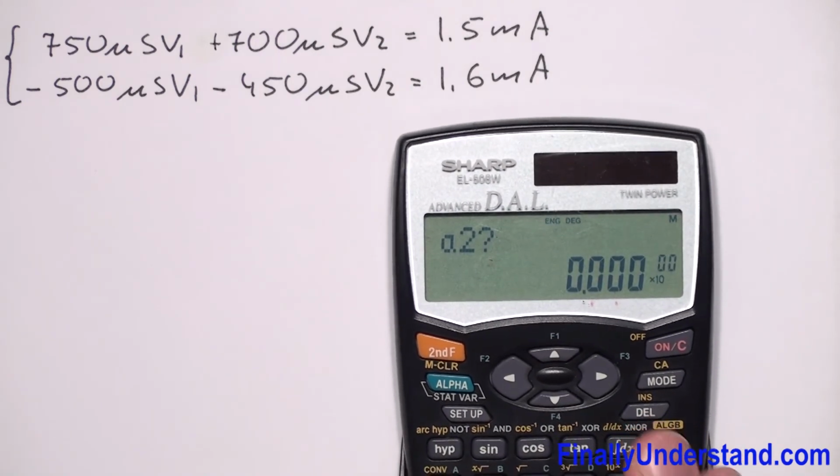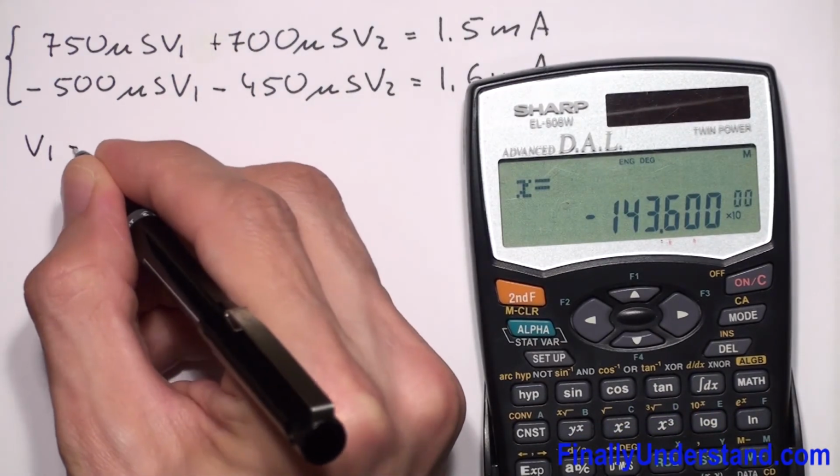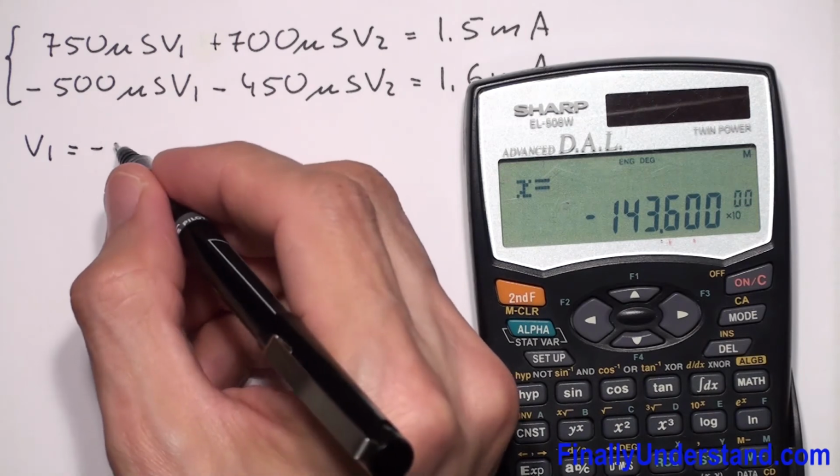The second one is negative 500 exponent negative 6, and negative 450 exponent negative 6, and 1.6 exponent negative 3.